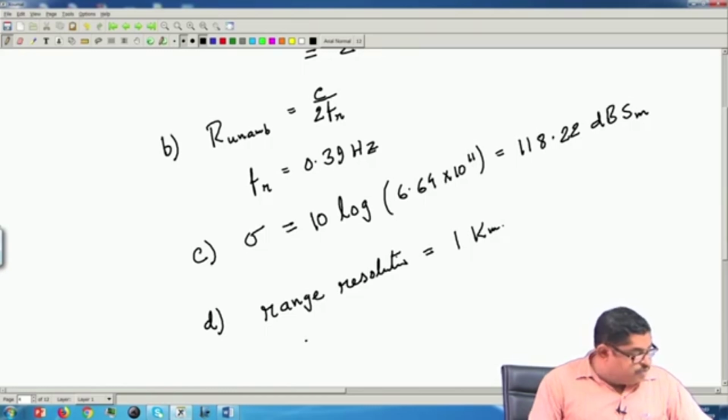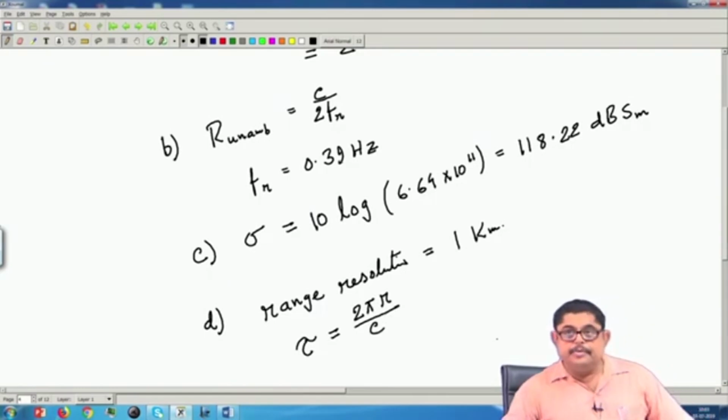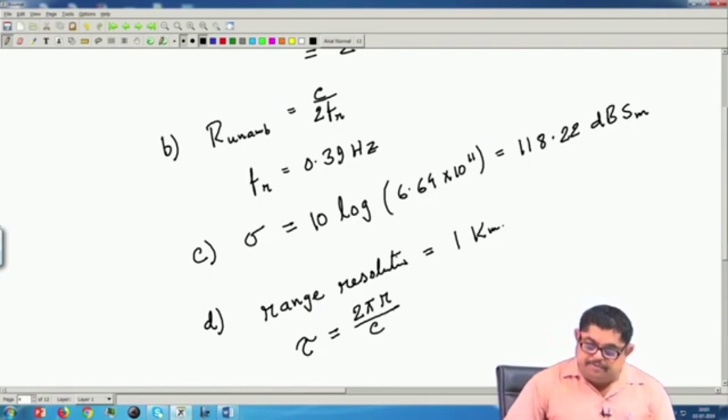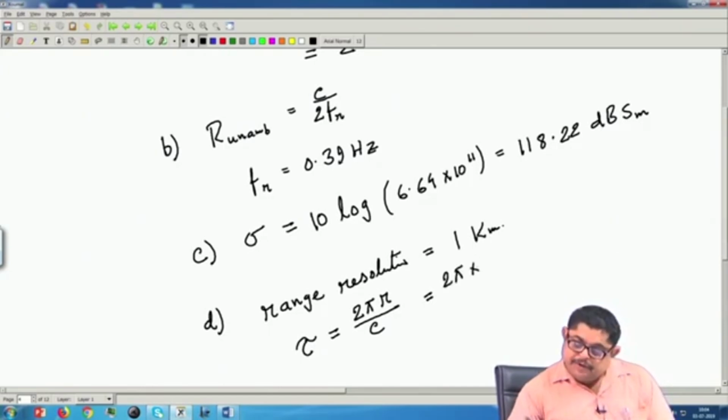So, we can say that tau is equal to 2 delta R by c, because this is the time that gives you this minimum resolution.